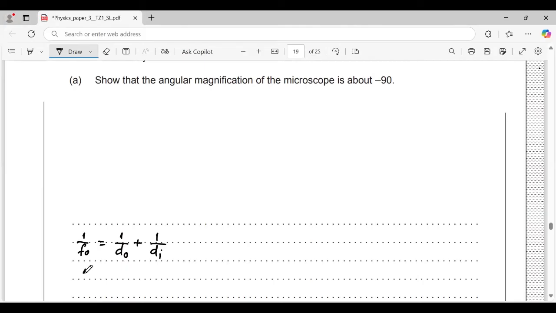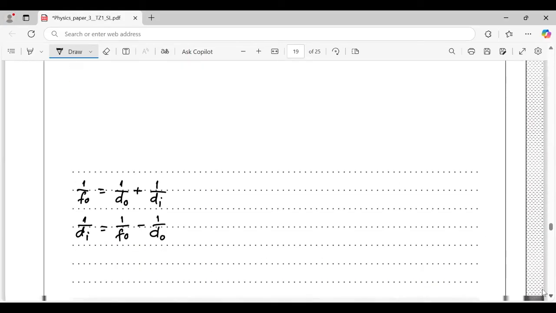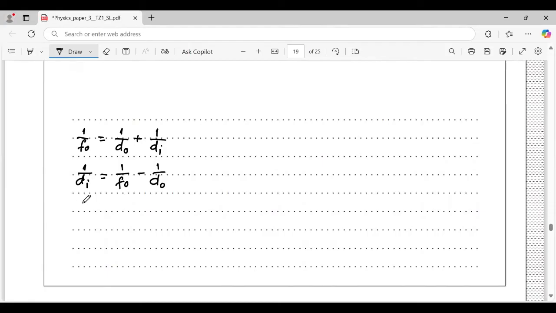If we solve for the image distance, the formula becomes 1 over the image equals 1 over f objective minus 1 over the object, which is 1 over 0.82 minus 1 over 0.91.